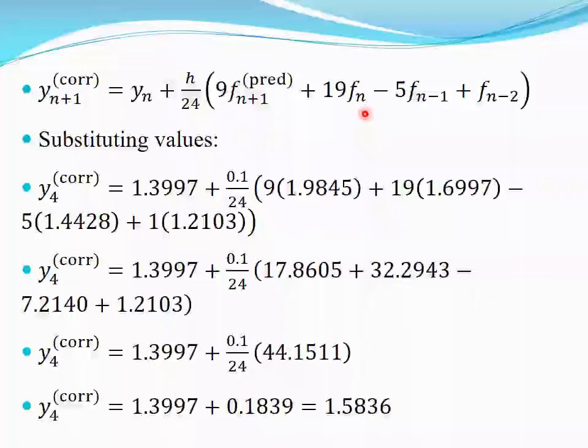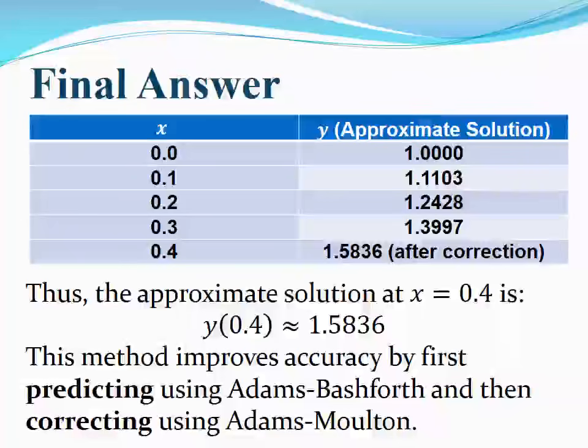Then we add all 4 values, then we get 44.1511. Multiply by this number, then we divide, we get 0.1839. Then we add both values, we get 1.5836. This is the final answer.